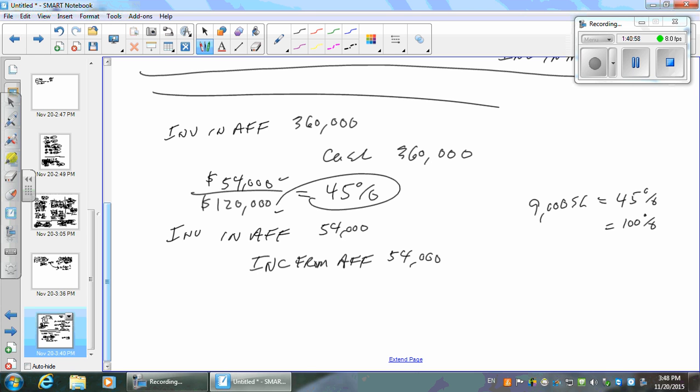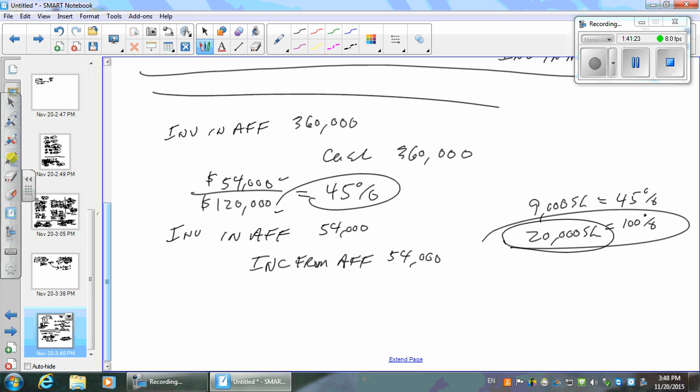Divide 0.45 into 9, and how many shares did you get? 20,000. So it must be 20,000 shares. That is a bit tougher, isn't it? A little bit. You had already worked it, I think. Yeah, I did it a little different though. But you got the same answer? Yeah. All right, so 45%, and there's 20,000 shares. Cool. Okay. So now what would we do?